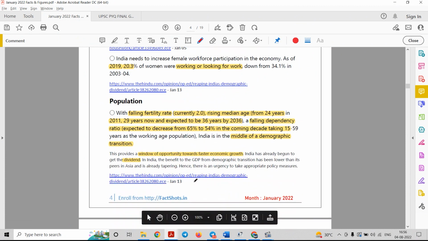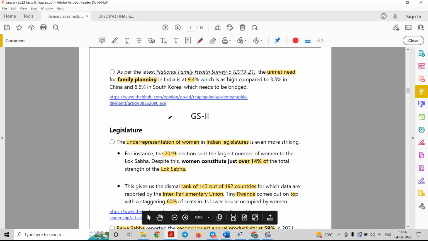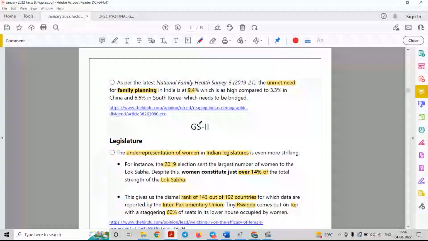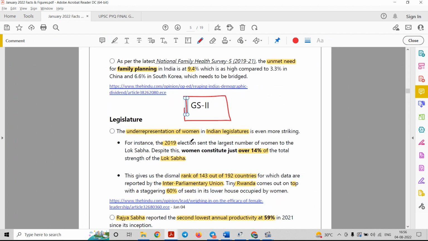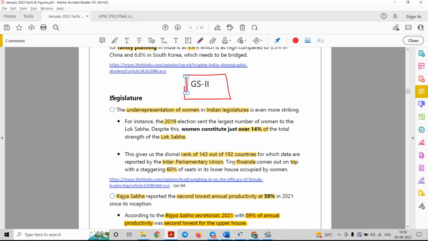For example, consider GS2. Okay, so we have a GS2 section here, right? Now in this GS2 there is a subtopic called legislature. We know that in India there is reservation for women only in the local bodies.